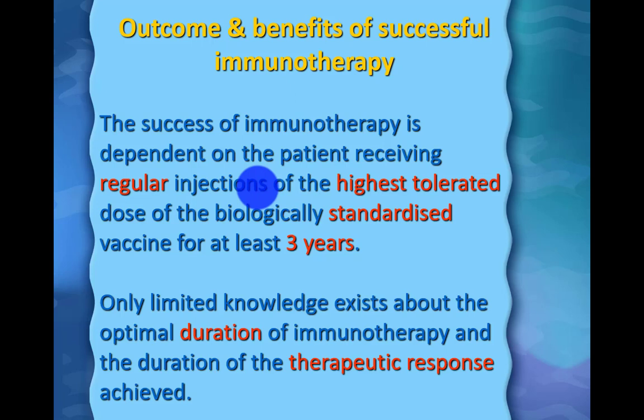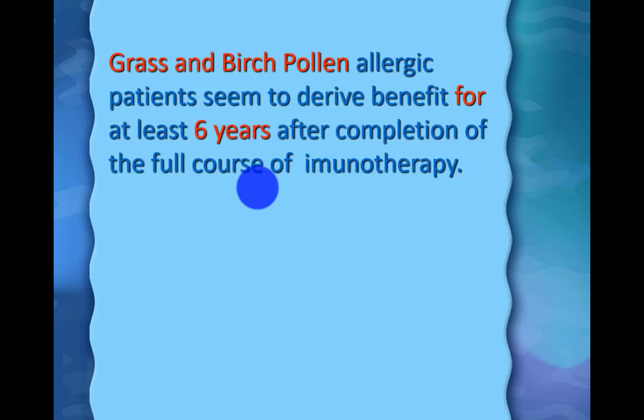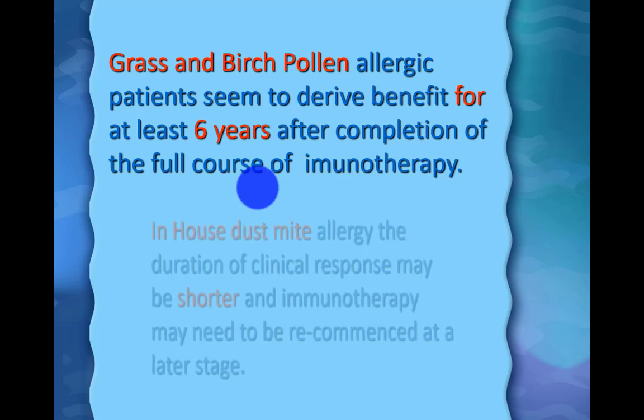Only limited knowledge exists about the optimal duration of immunotherapy and the duration of the therapeutic response achieved, but research is continuous and successful trials are found. Grass and birch pollen allergic patients seem to derive benefit for at least 6 years after completion of the full course of immunotherapy.